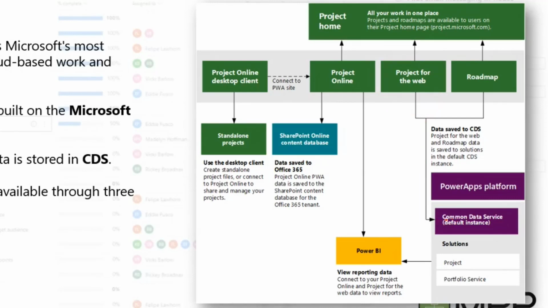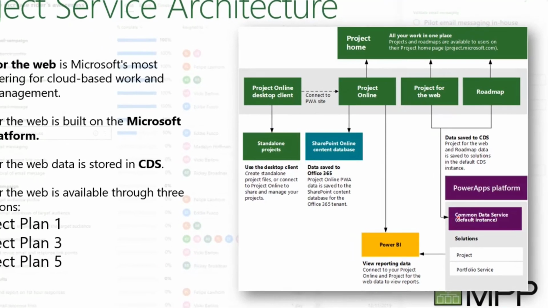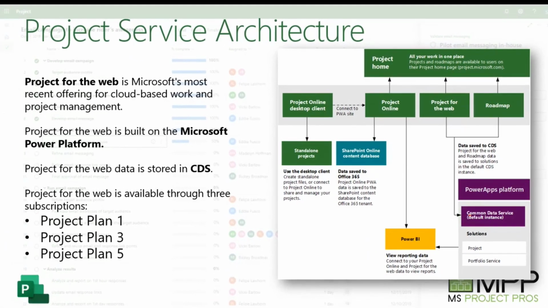So when you are creating your new projects and saving and making updates, you are now in this Power Platform, right? And the information that you're creating and saving in the form of custom fields like project start date, project finish date, durations, and everything else are being managed as entities in this Common Data Service.